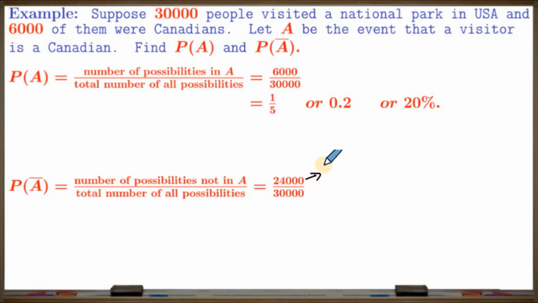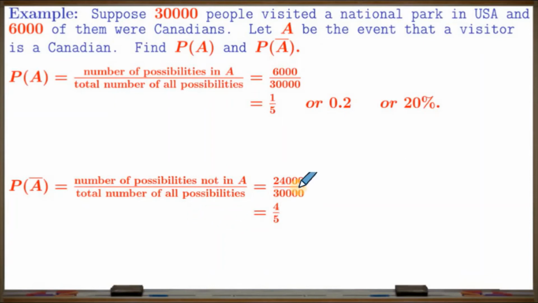We get this number by subtracting 30,000 minus 6,000. And 30,000 comes from here, the people who visited a national park in USA.